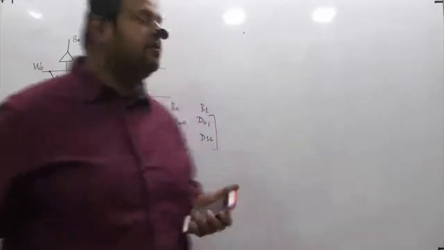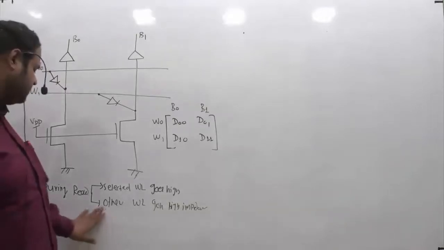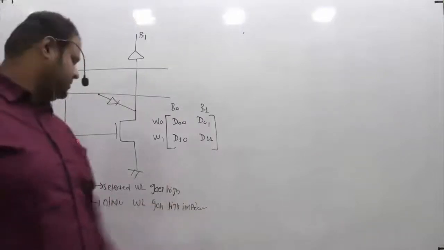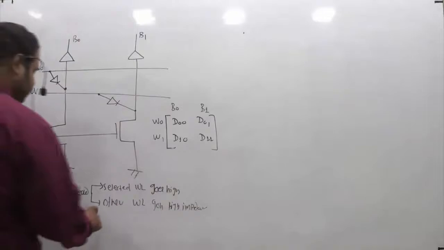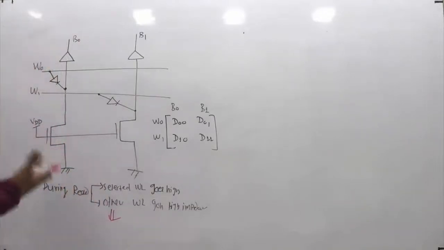So basically we are given a ROM diagram and we are supposed to obtain what the stored data is. ROM stands for read-only memory, where we cannot write data, but what data is stored we can only read. One important piece of information given: during read operations, the selected word line goes high and the other word line goes to high impedance state. So one thing is very clear from this. At a time only one of the select lines is activated or selected.